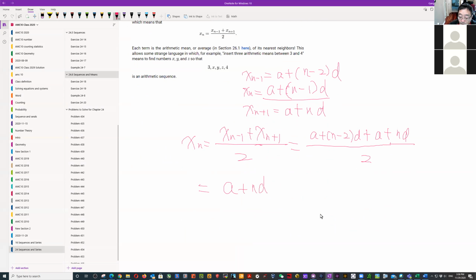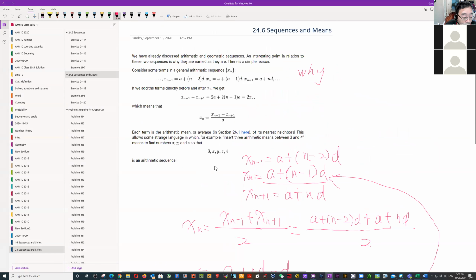And we also have negative 2d divided by 2, which is negative d. So basically it equals a plus, we can factor out d, (n minus 1)d. And (n minus 1)d is exactly equal to this. So in an arithmetic sequence, each term is the arithmetic average of adjacent terms.